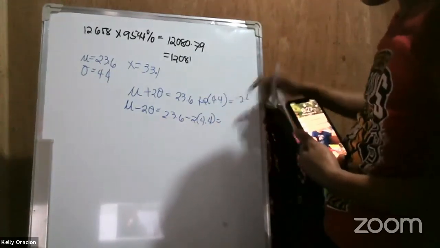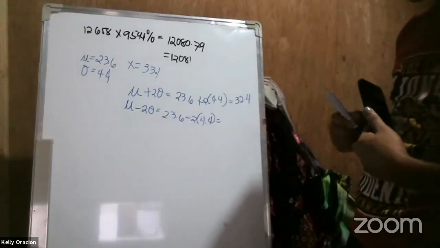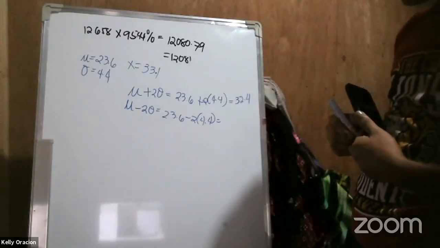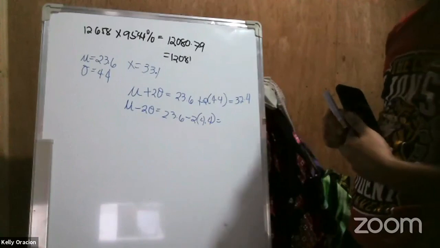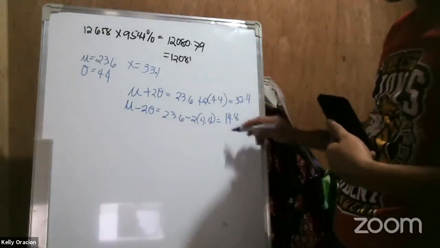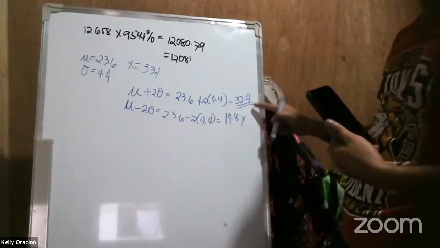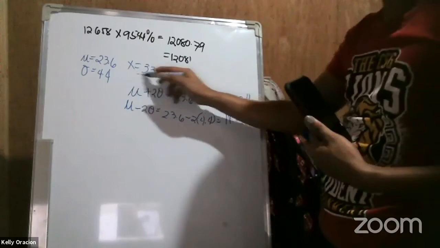Sorry, 32. The other one, below, is 14.8. So, no more problem. We will not focus on that, because our x is 33.1.